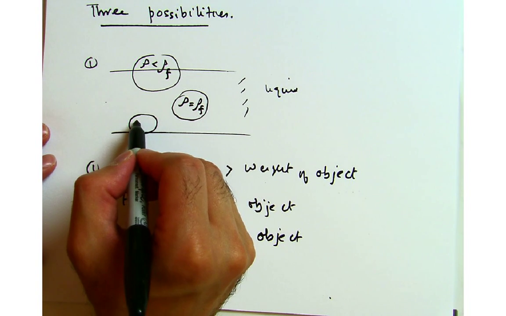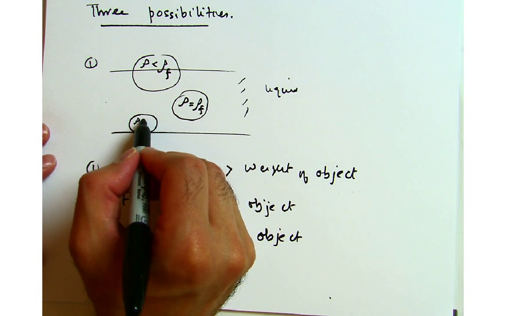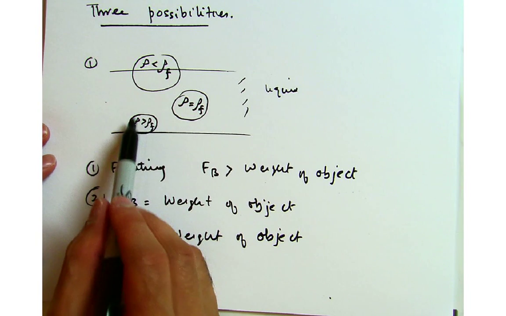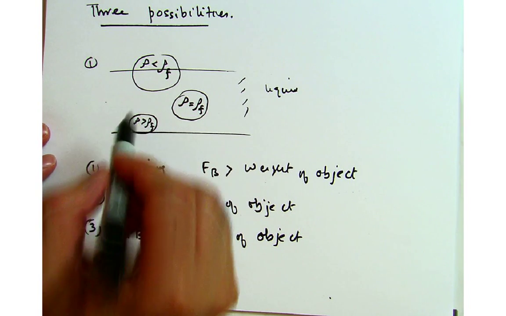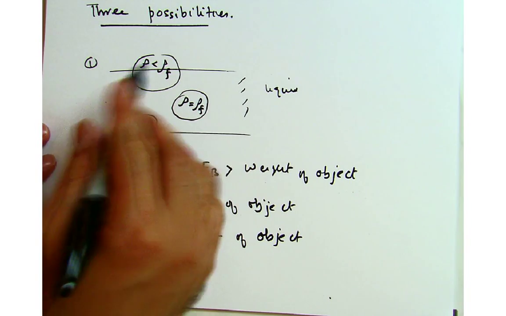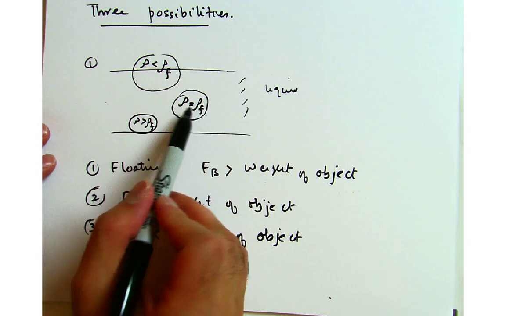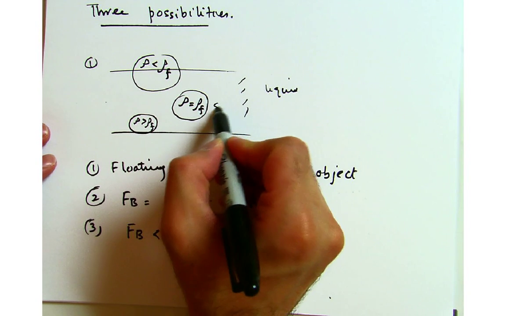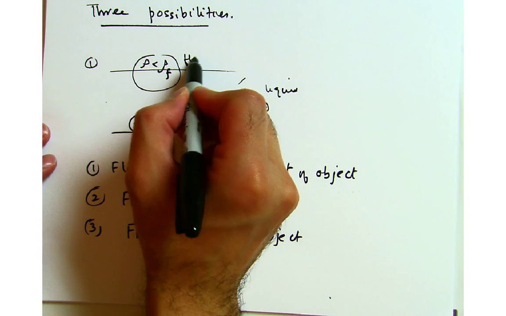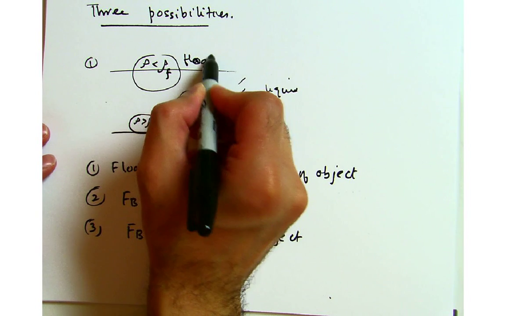That is the case when the density of the object is greater than the density of the fluid, so it has a much higher weight and will sink to the bottom, while the others will either be suspended in the fluid or float.